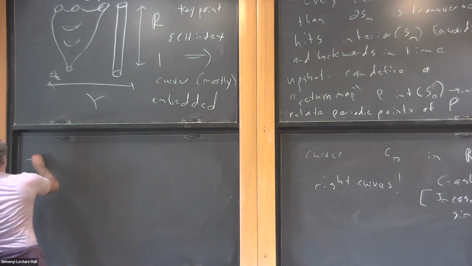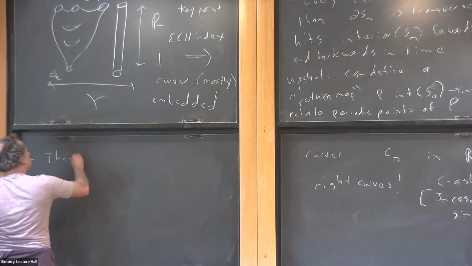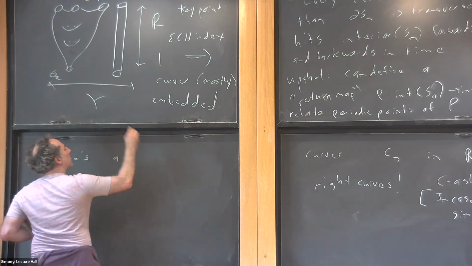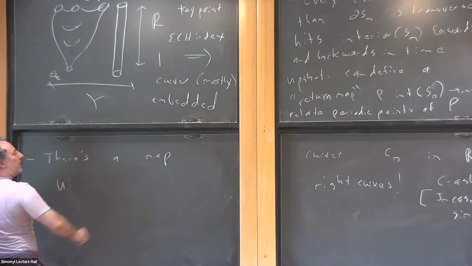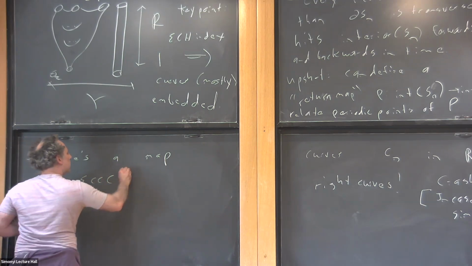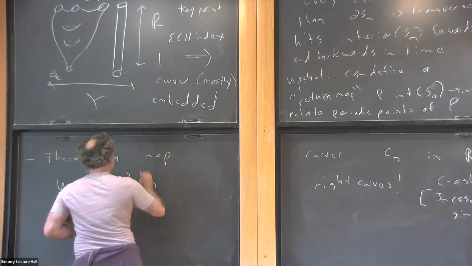So there's a map U mapping the ECH chain complex to itself.